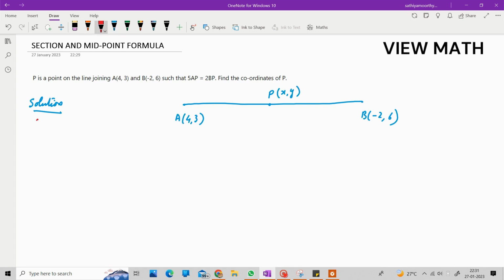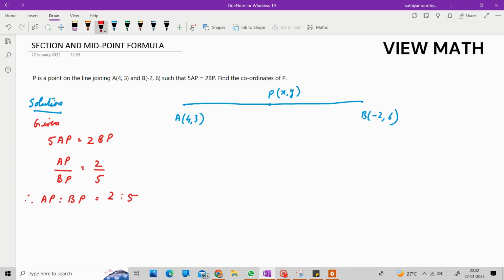Given is 5AP is equal to 2BP. So I can write this as AP by BP is equal to 2 by 5. Therefore, AP is to BP is 2 is to 5.